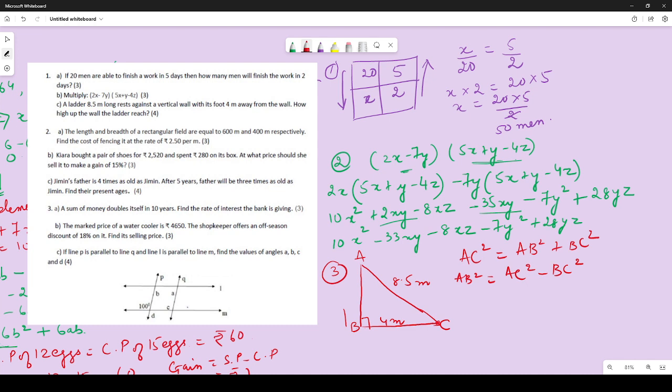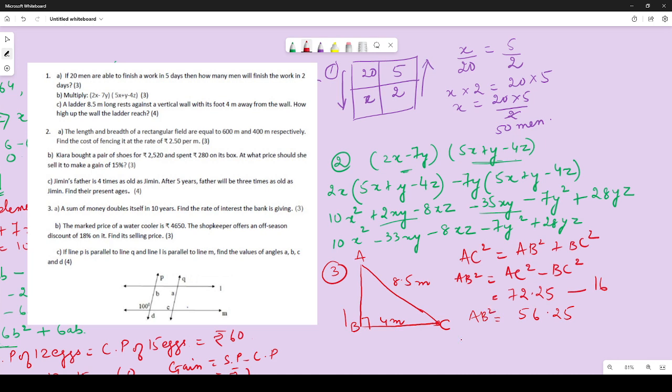So you will be finding the squares of 8.5 meters and 4 meters. So AB square will be equal to AC square is 8.5 into 8.5, when you calculate it, you get 72.25 square meters minus 4 into 4 is obviously 16. So you are left with 56.25 square meters.